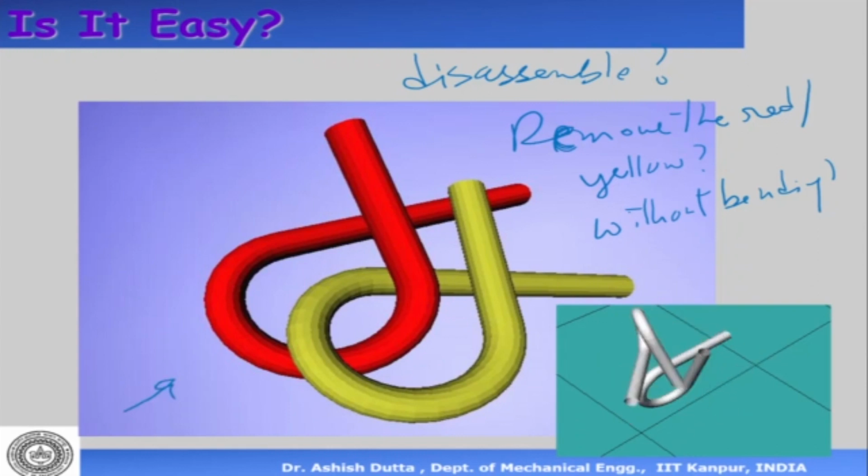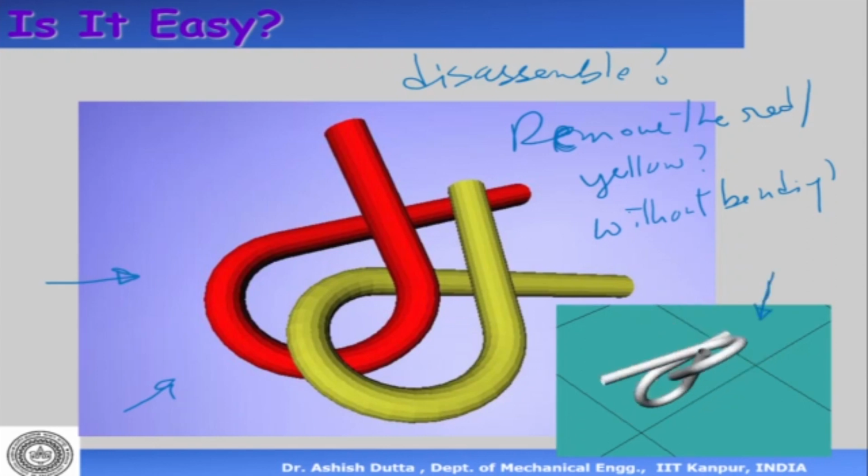Even if you have eyes and all the intelligence, it's extremely difficult to say what is the sequence of motion or what is the path by which you will be able to remove the yellow one and the red ring without bending either of them. First of all, is it possible? And if it is possible, then what are the paths? And how many paths are there? Simply by looking at this figure, it's very difficult to say whether it's possible or not.